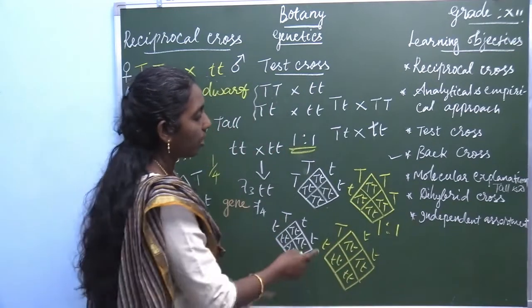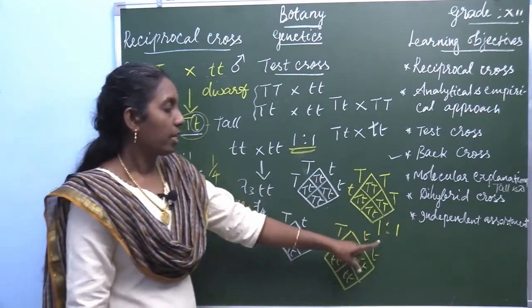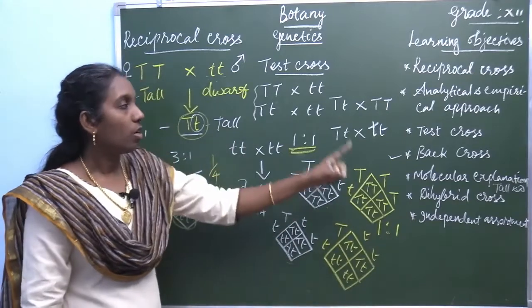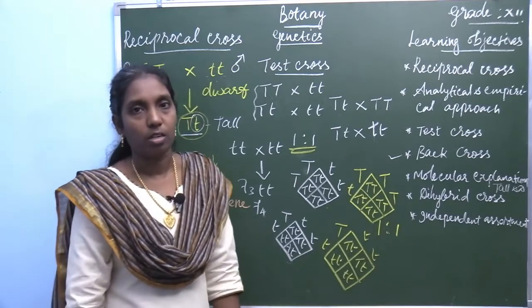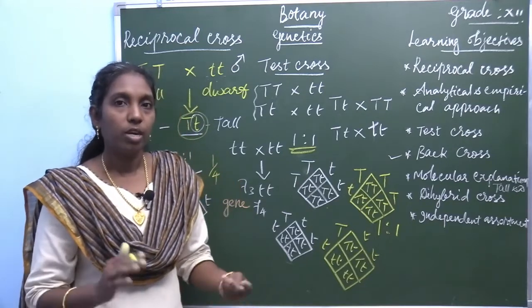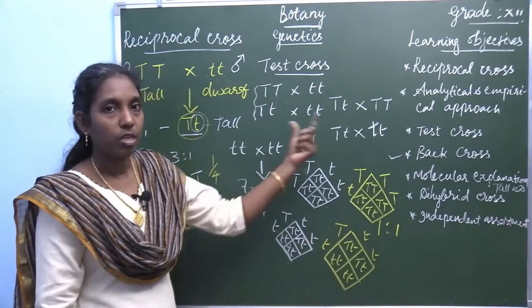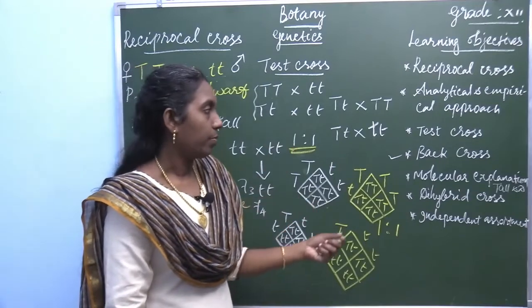So it also gives the 1:1 ratio. So in back cross it gives a 1:1 ratio. All these crosses are based on this monohybrid cross. So I hope that you understand the concept of monohybrid. Under this, what are the related ratios or the related crosses?